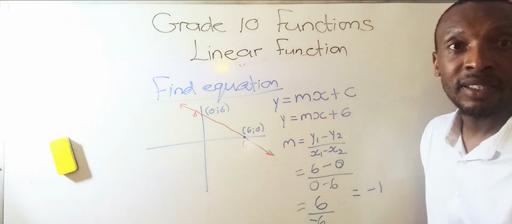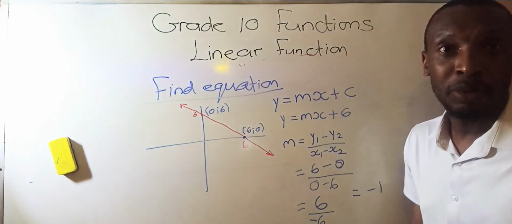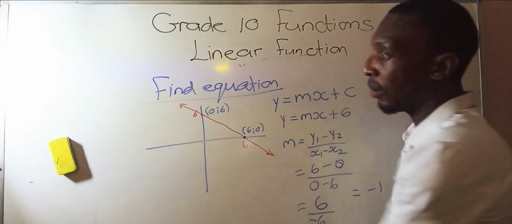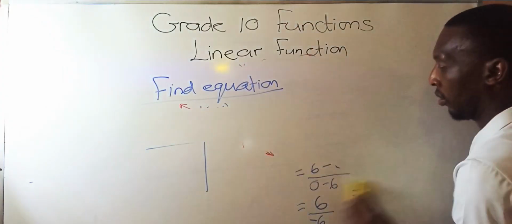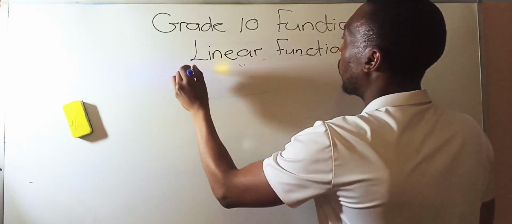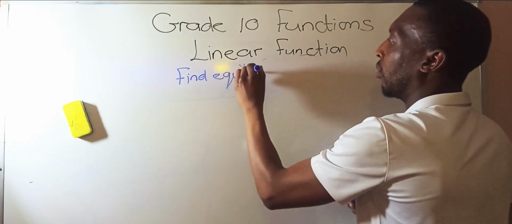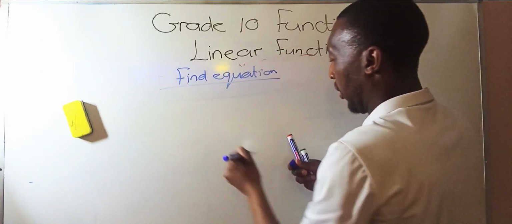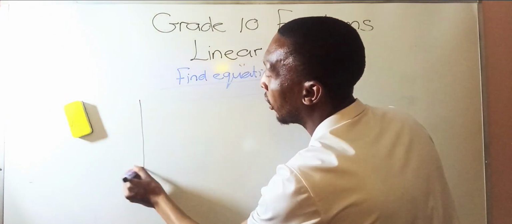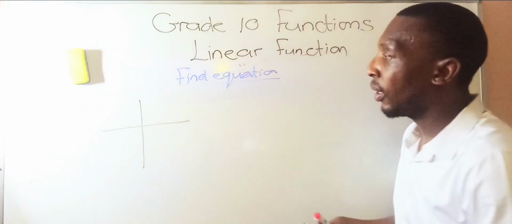Now this one was nice and easy because the y-intercept was given there. Let's do another example where they don't give you the y-intercept. Again, we need to find the equation, and they draw it for you. They give you a sketch. I'm going to make this up.